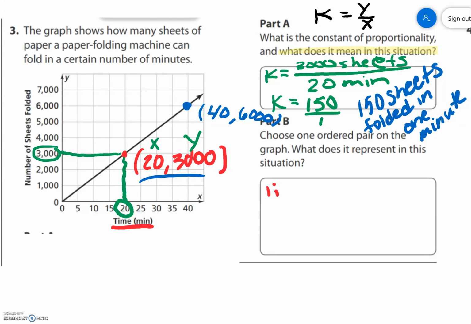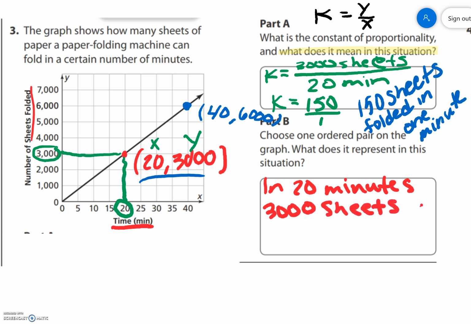So in 20 minutes, 3,000, well, what does the 3,000 stand for? Sheets are folded. So 3,000 sheets are folded. They only asked for one, but I'm going to show you another example.